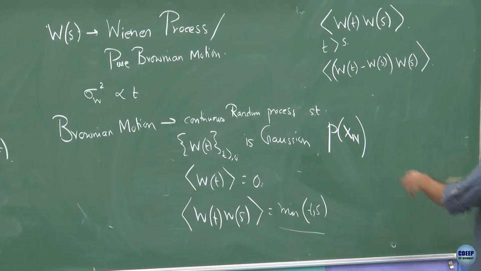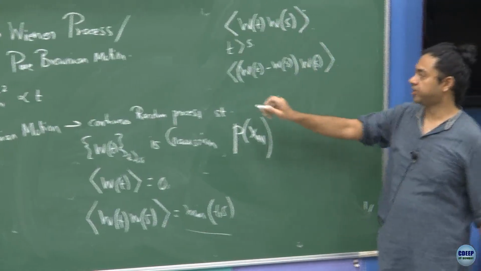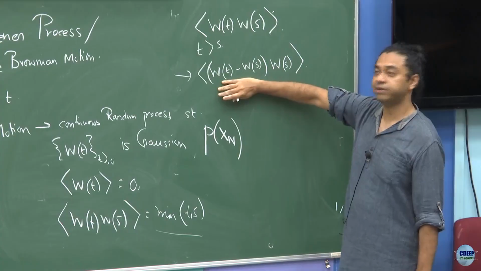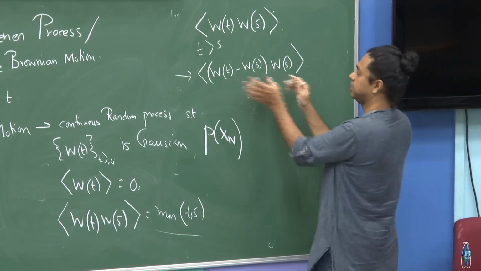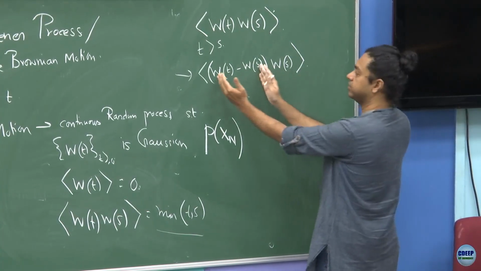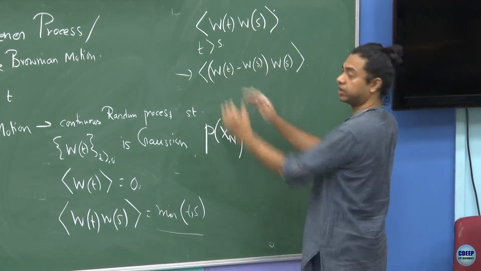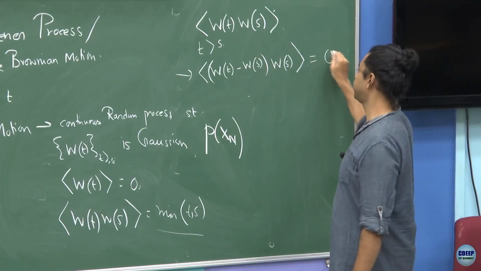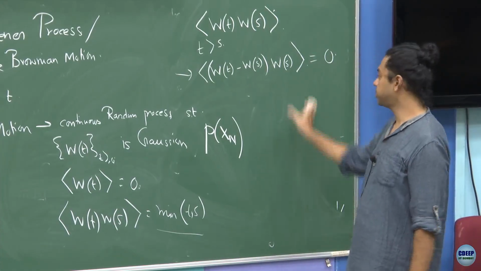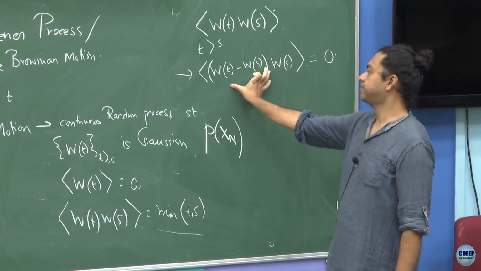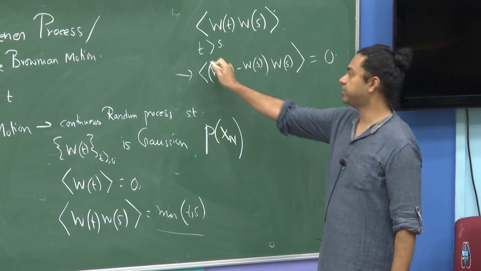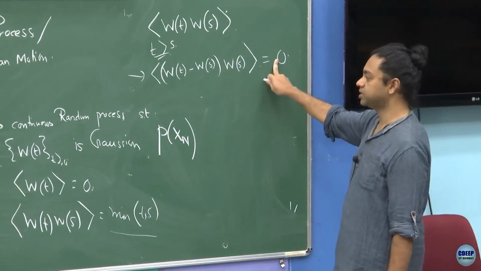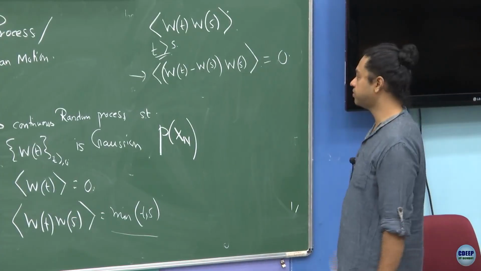I am starting out by calculating this different quantity. So, one Wiener process up to time s, and then another Wiener process from s to t. Because these are independent, I know that this correlation function must be 0, because this happened up to time s and this happened after time s, since I have assumed t is greater than s. So, these two must be uncorrelated, and therefore this I must have as 0.